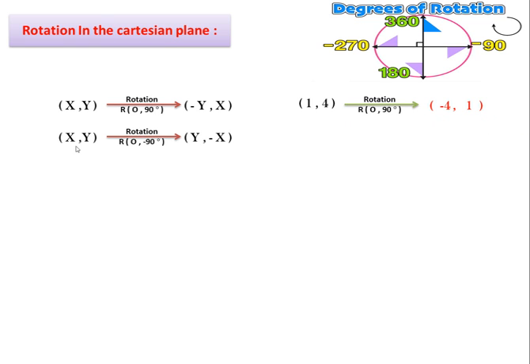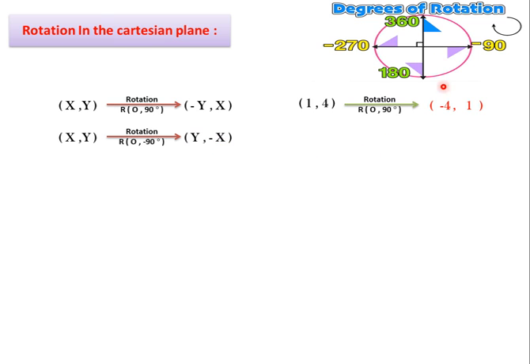Next, if we have the point (x, y) and we make a rotation about the origin point by negative 90, then we replace x by y and replace y by negative x.